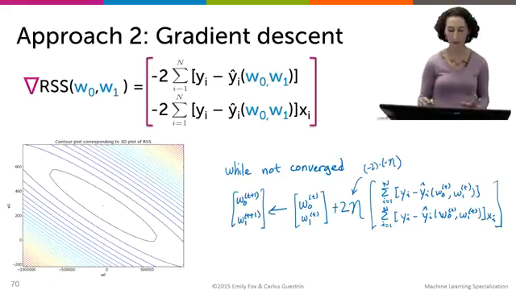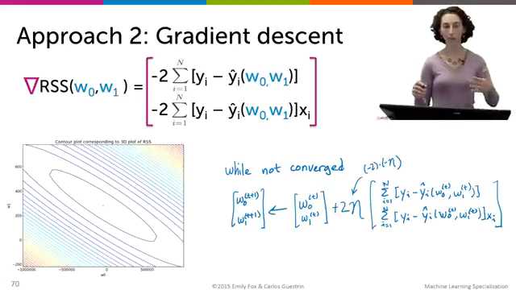But I wanted it in this form to provide a little bit of intuition here, because what happens if overall we just tend to be underestimating our values y?